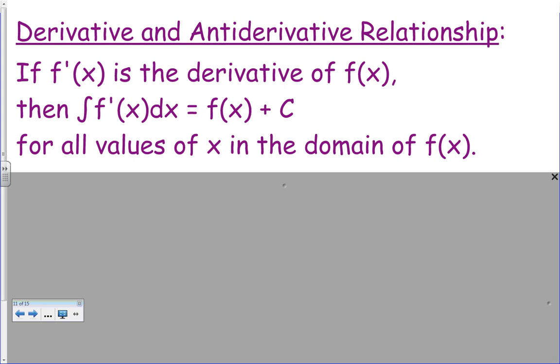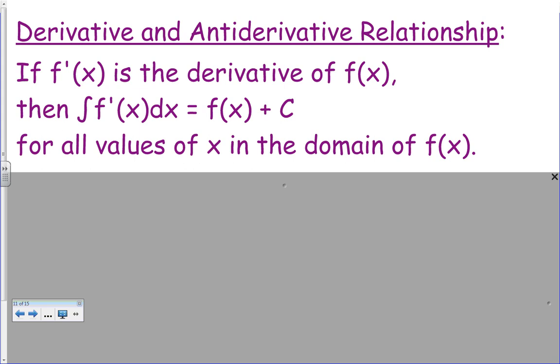But you get the basic idea there, that once I know the derivative of a function, f prime of x, I can then work my way backwards from that and find the antiderivative to get back to function f of x. That's basically what that's trying to say. And that's true. We've seen that used over and over again. The one piece of information we haven't added on here is this last line. It says that's only true for the values of x in the domain of function f.